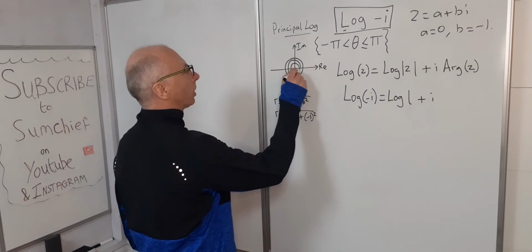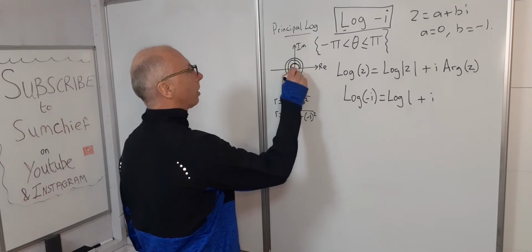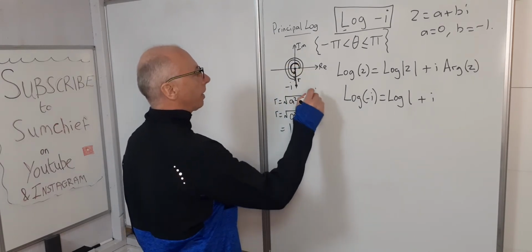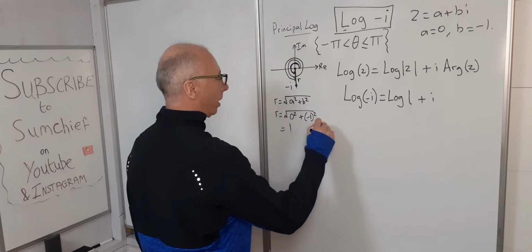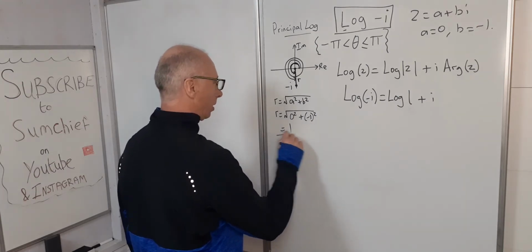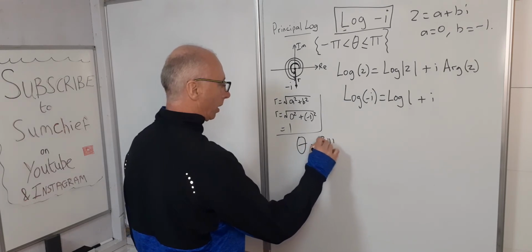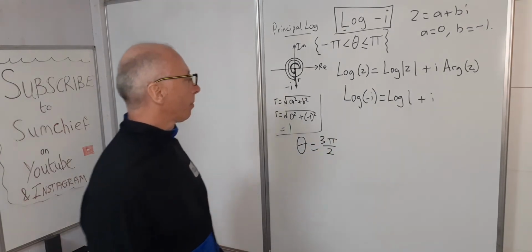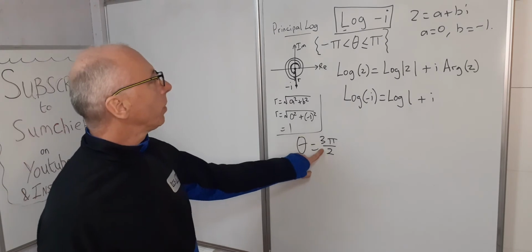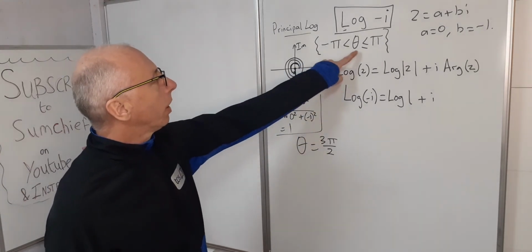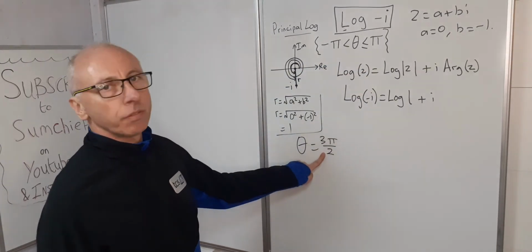So if we go round, take this inside one here, we can see that that angle there is our theta. So let's put that down here. Our theta equals 3 pi over 2. But if you look in here with our parameters negative pi and pi, this doesn't fit.